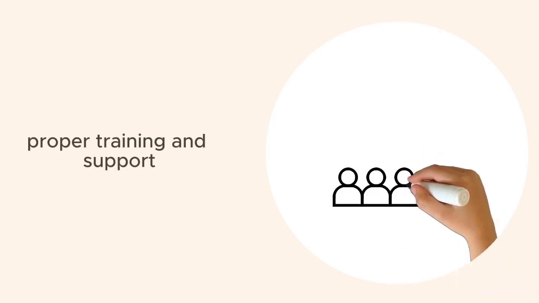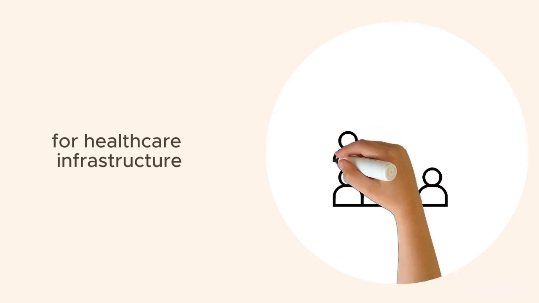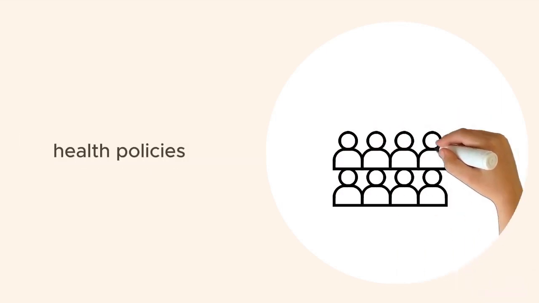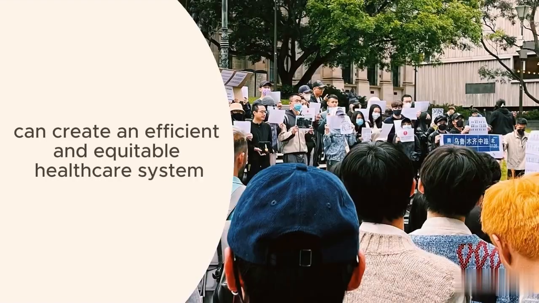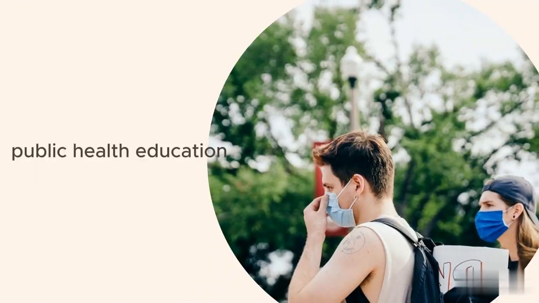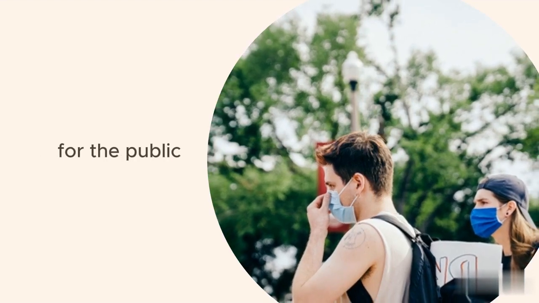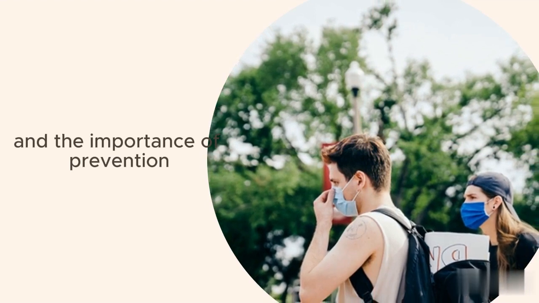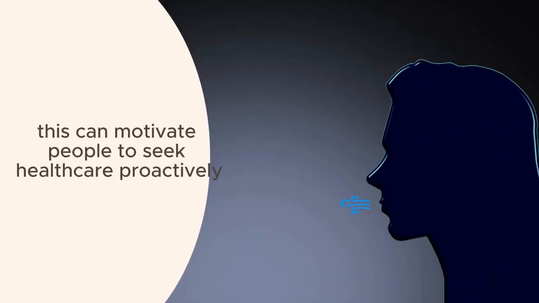Proper training and support for healthcare infrastructure help improve service effectiveness. Health policies. Good health policies can create an efficient and equitable healthcare system. Public health education. Health education for the public helps raise awareness of good health practices and the importance of prevention. This can motivate people to seek healthcare proactively.